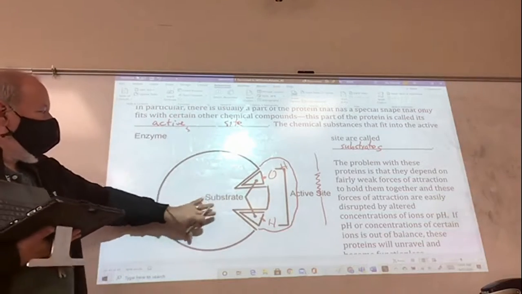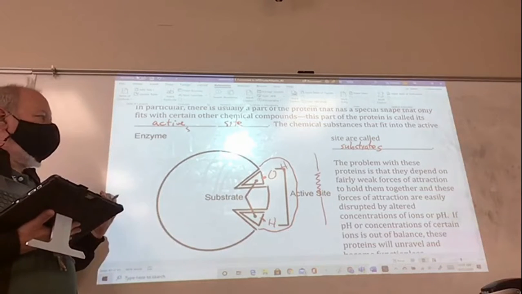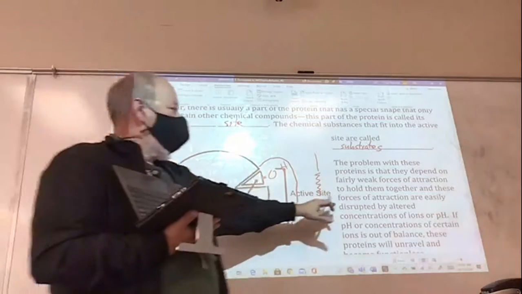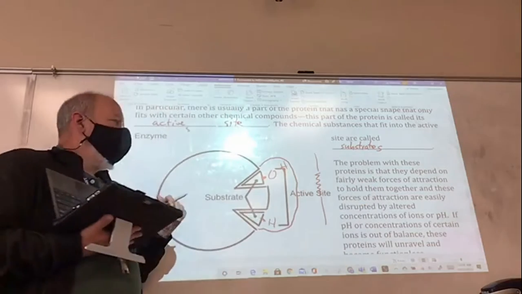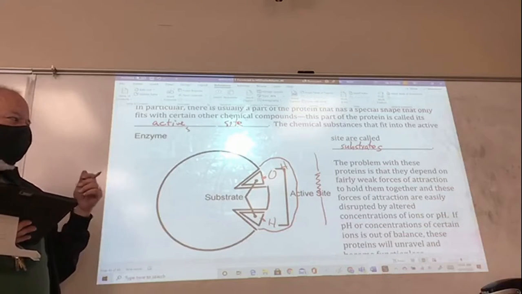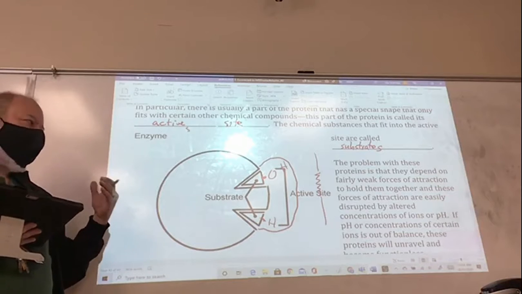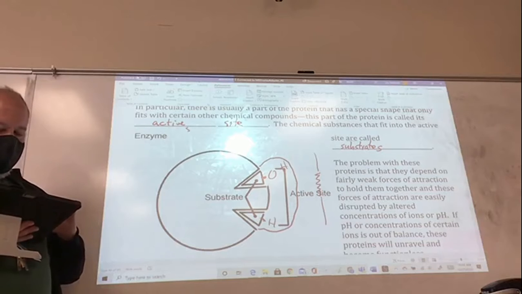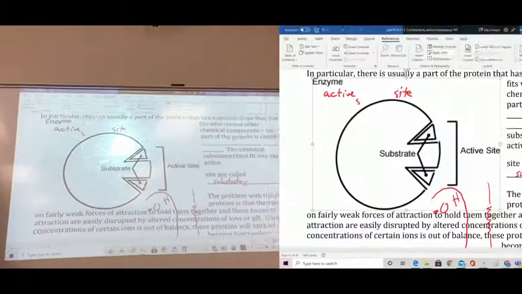There are thousands of different forces inside of here holding this together in exactly the right way, but these forces of attraction are easily destroyed if I have a bad pH or if I have too low or too high of a level of concentration of like calcium or sodium or something like that. So if pH or concentration of certain ions is out of balance, these proteins will unravel.